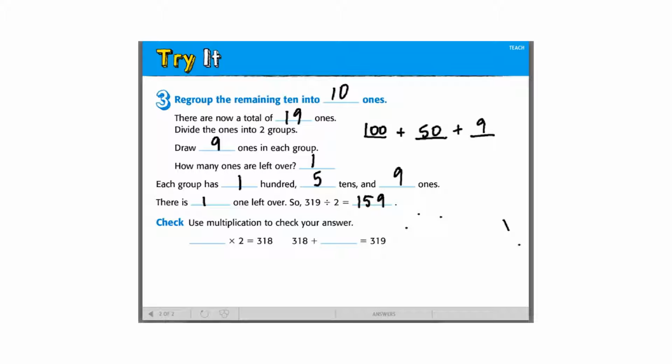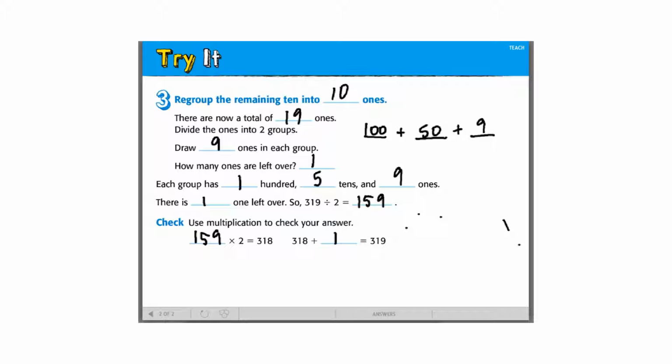If we use multiplication to check our answer, 159 times 2 is 318. And 318 plus the 1 that was left over gives you 319.